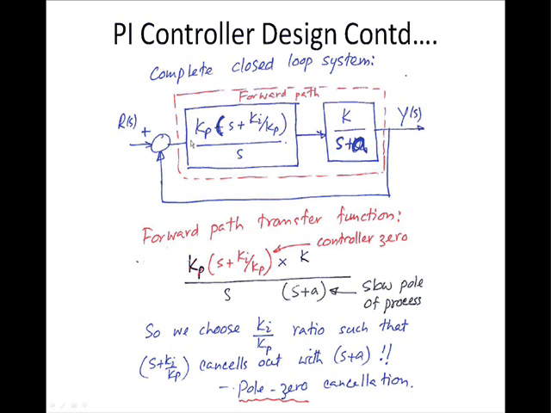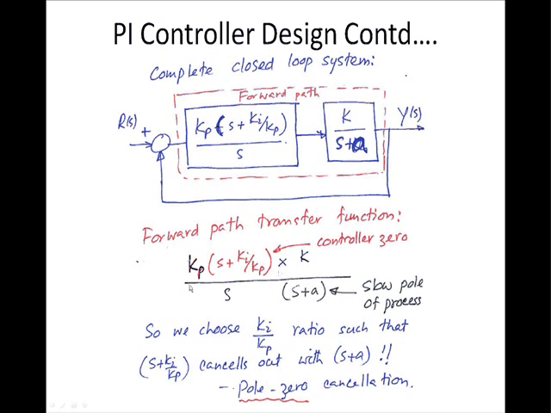Because of that, this path is called the forward path. This is called the feedback path of the control system, not the transfer function but the control system.